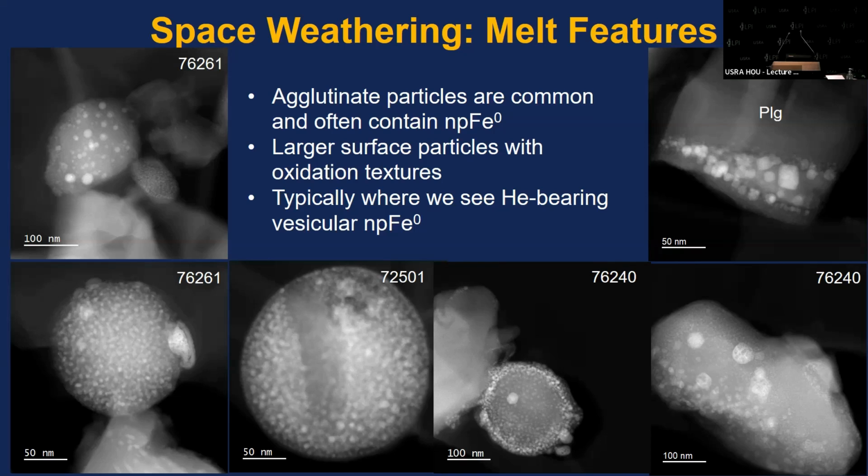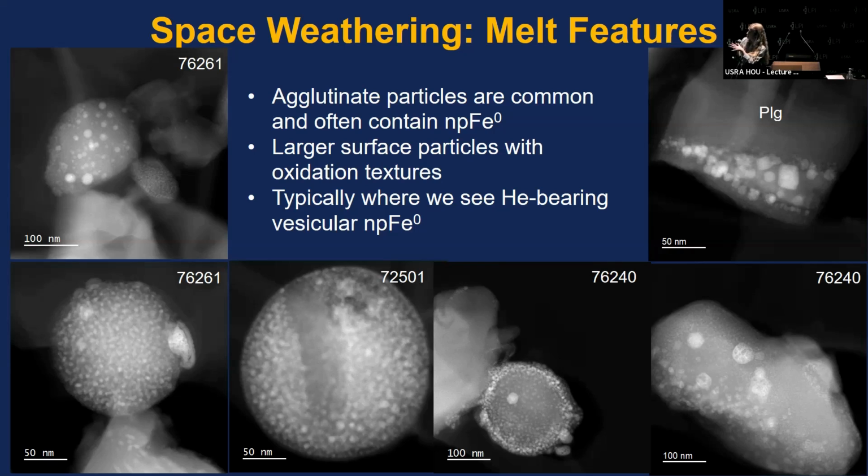So this is like a surface adhered particle of vesicular iron, and this material here is oxidized, that's coating the outside. And you can also see halos up here. And when we look at those with EELS, we do see that that iron is oxidized. Now, whether that is oxidation from the moon or terrestrial oxidation, we don't know, but we can also literally see it in addition to being able to measure it with EELS.